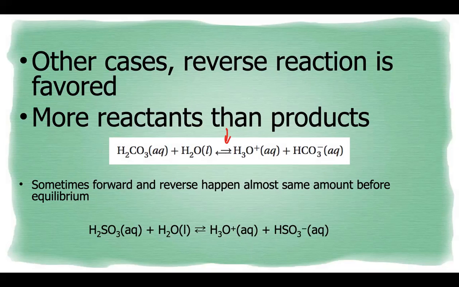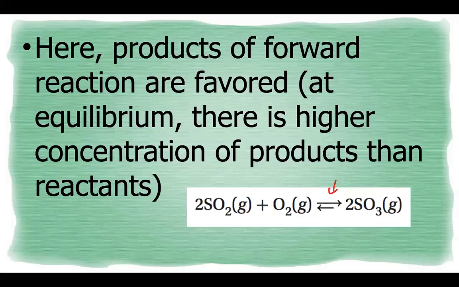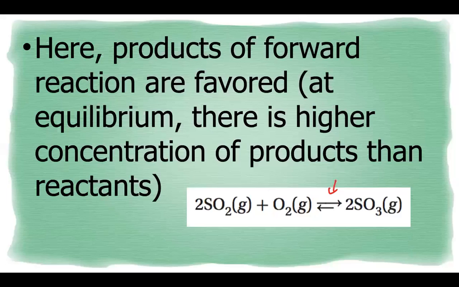It just gives you an indication of which direction is favored. So in this case, the forward reaction is almost finished. As the reaction proceeds, the forward reaction occurs almost to completion before equilibrium is reached.